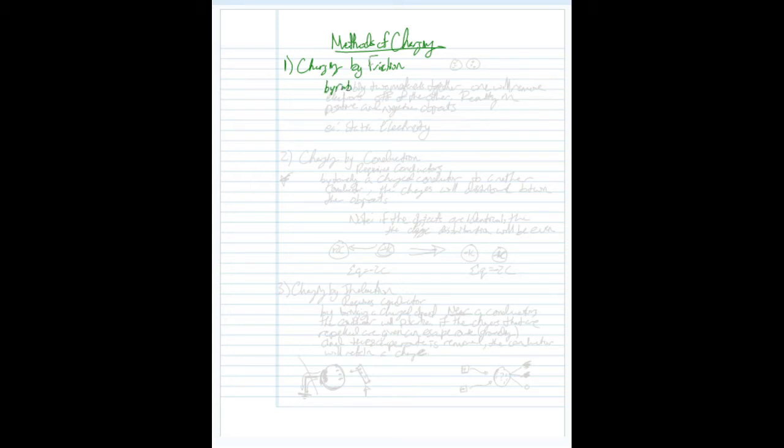When 2 materials are rubbed together, one will remove electrons off of the other, resulting in positive and negative objects. Our example of this is static electricity.